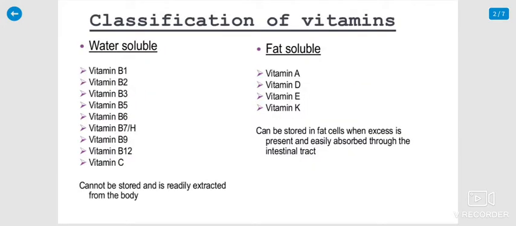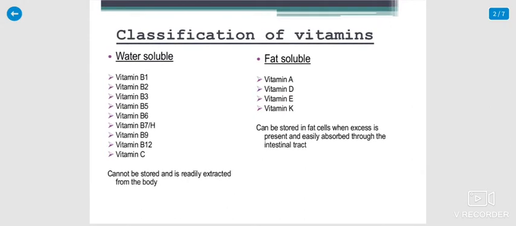Now coming to the topic, classification of vitamins. You know very well they are classified into two types: one is water soluble vitamins, and another one is fat soluble vitamins.